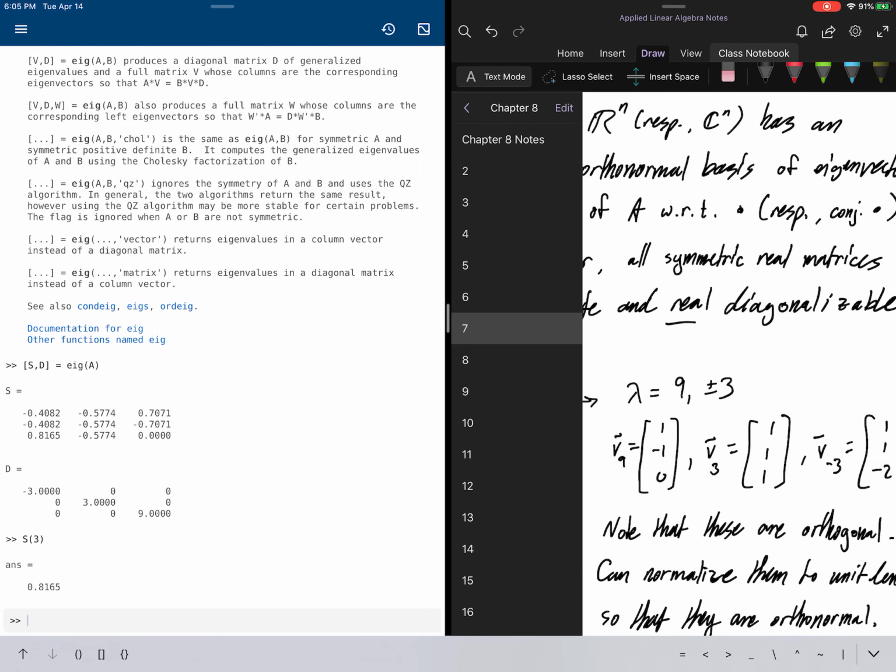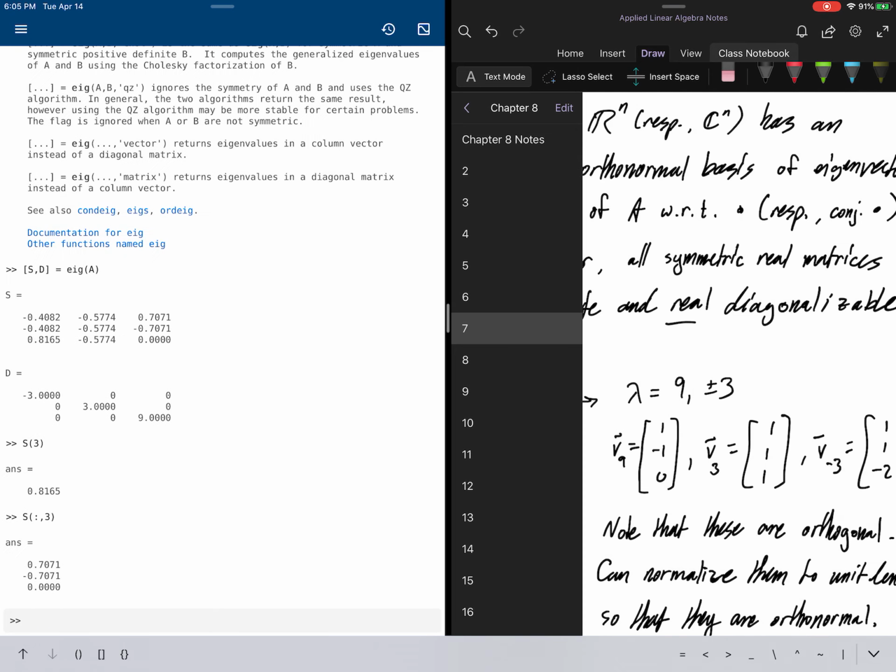And we can verify. V3 here is going to be the third column of S, right? So S of all there and there. So this is going to be a multiple of [1, -1, 0] that we have over here in the notebook.